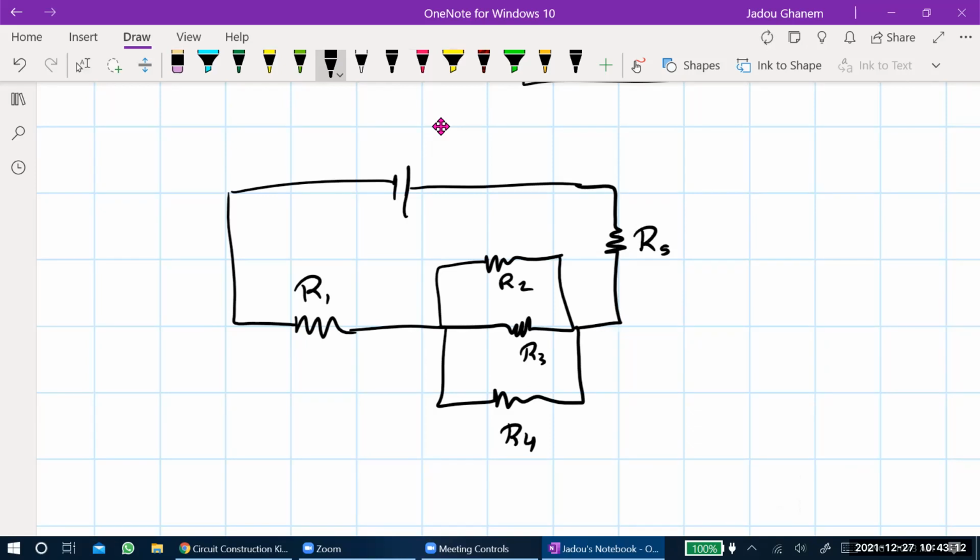Can you tell me which of these are in series and which are in parallel? R2, R3, and R4 are all parallel. Great. And once you find the sum of the parallels, it's going to be in series with the rest, R5 and R1.